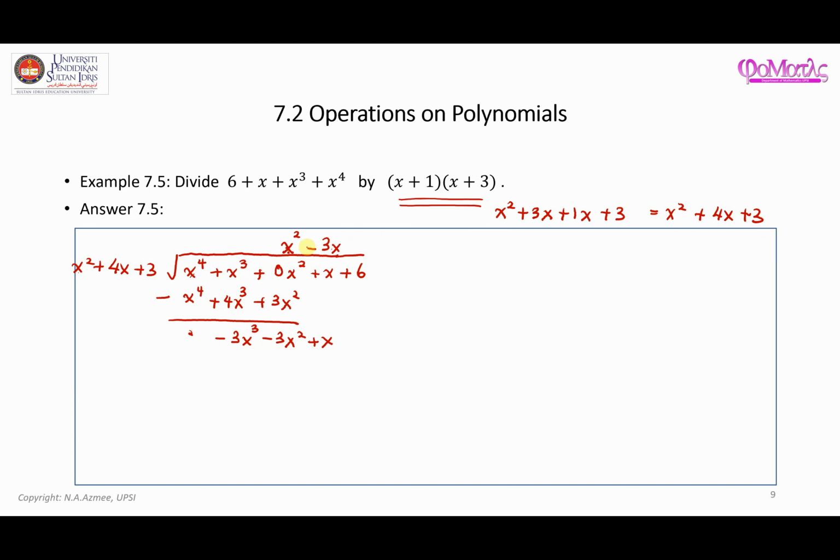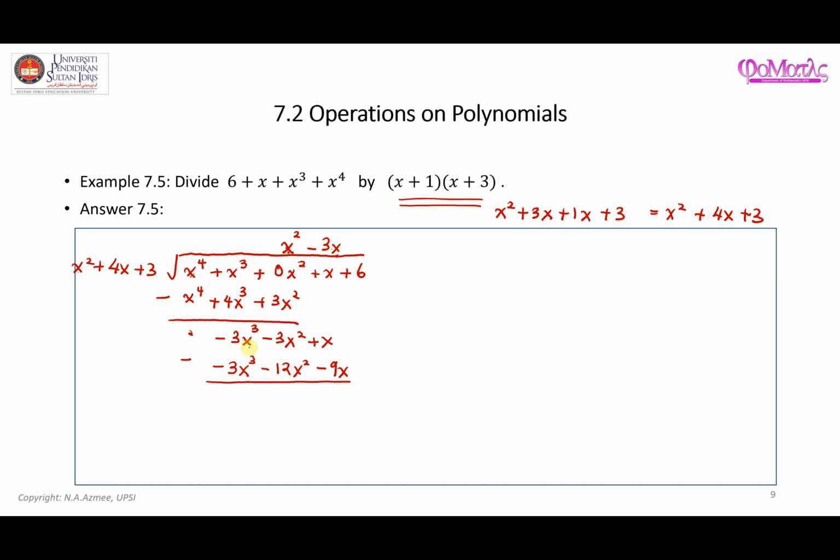Okay, so when I multiply negative 3x with x squared, I will get negative 3x cubed, which is similar to what I have here on top. Okay, next, negative 3x times 4x is negative 12x squared. Negative 3x times 3 is negative 9x. Okay, so minus, okay, subtract the whole thing.